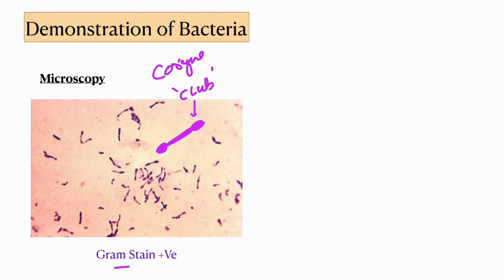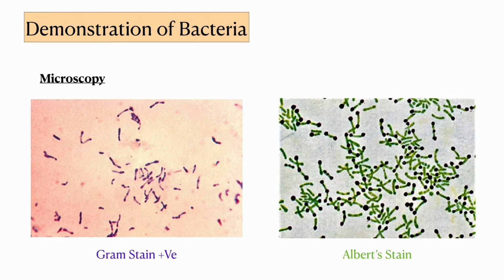Next, we perform the special stain, which is the Albert stain. As you can see, Albert stain characteristically stains the bacteria green, and at either of the ends you can see these bluish to blackish colored granules.